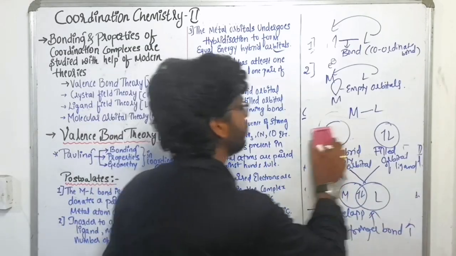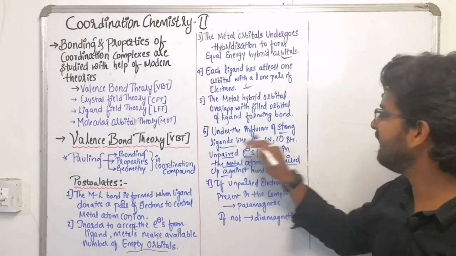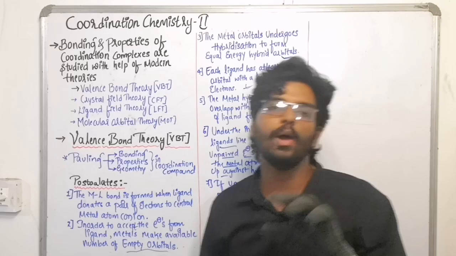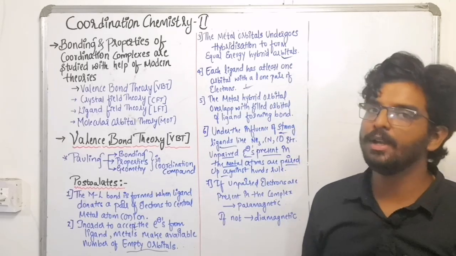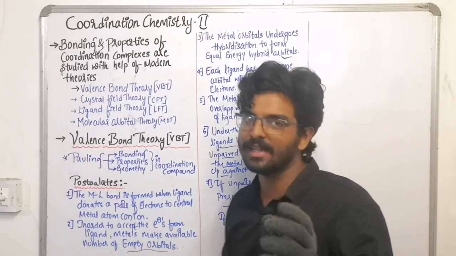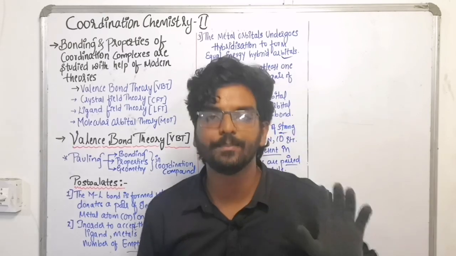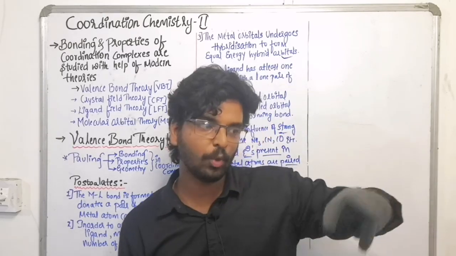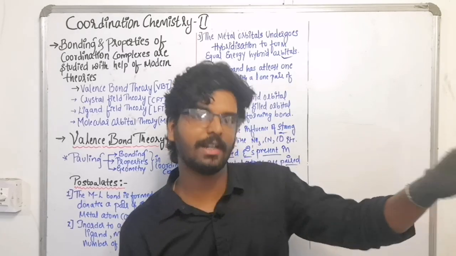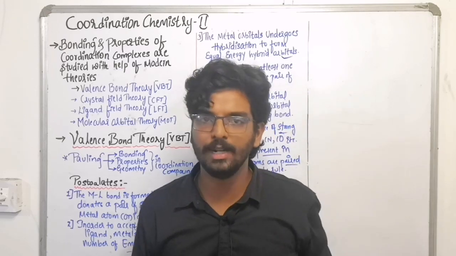Very simple thing. So now let's study the sixth postulate of VBT, that is, under the influence of a strong ligand like ammonia, cyanide, CO, etc. The very important thing to be learnt here is that the unpaired electrons, if they are present in the metal's d orbital or any of the orbitals, get what? Paired up. At first, before going into hybridization, because the metal orbitals must undergo hybridization to form the equal energy hybrid orbitals.